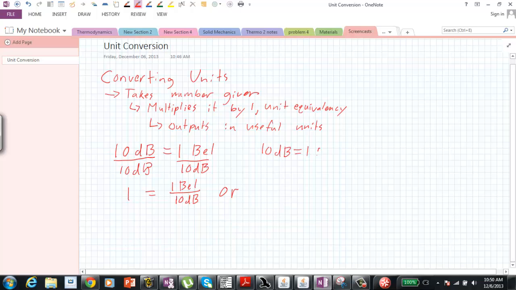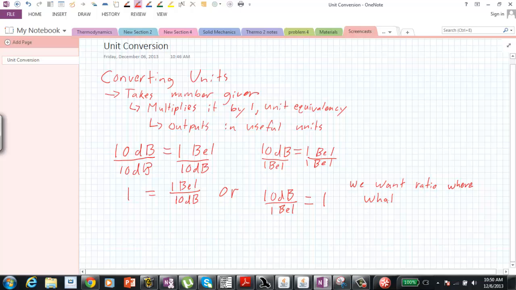Conversely, if we were actually looking for this in decibels, we have to divide both sides by 1 bell. So we can have a 1 on one side, so we're not changing the value again, but we are able to convert a bell to a decibel. And we have, once again, our unit that we want on the top and the unit we're given on the bottom.